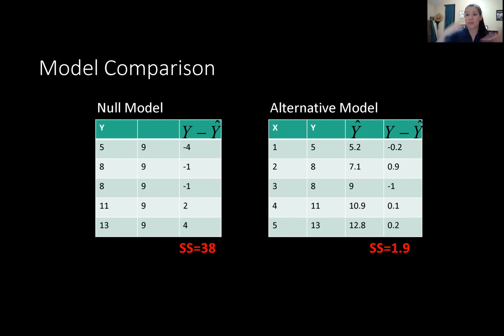There's a lot of variability in here that we're not accounting for. That's why sums of squares is equal to 38 compared to the other. Whether or not your sums of squares is big is always going to be relative to the model that you're conducting. So I don't want you to get hung up on thinking, oh, 38 is a big sum of squares. It just depends. I told you that was going to happen a lot here, right?